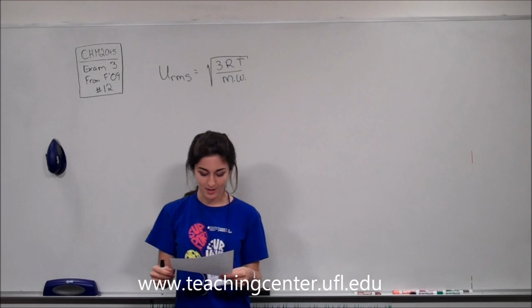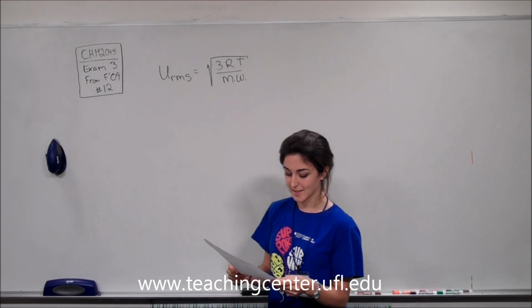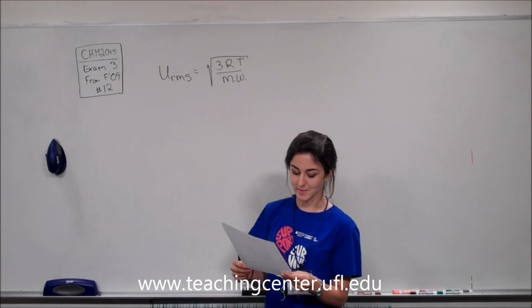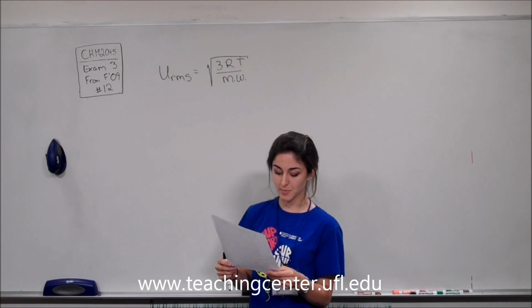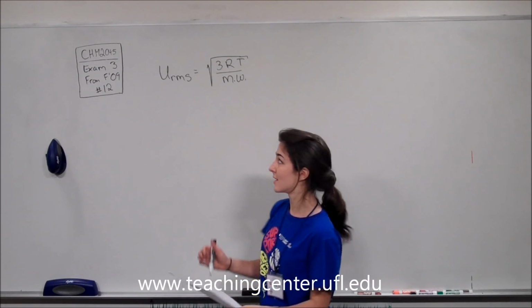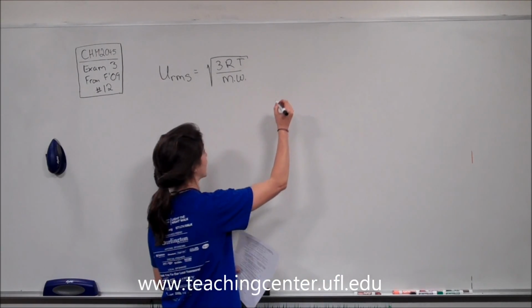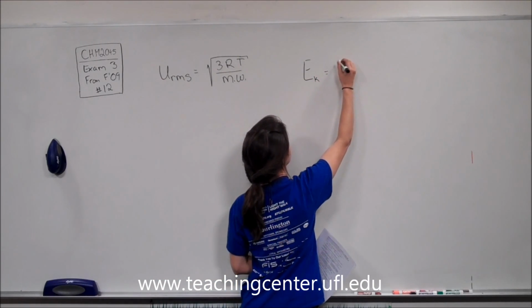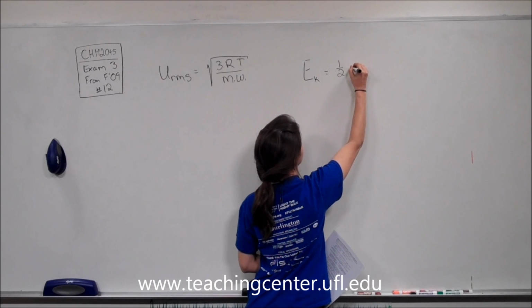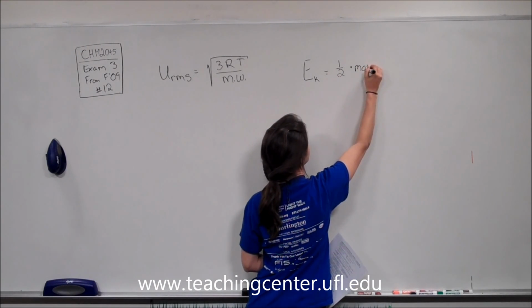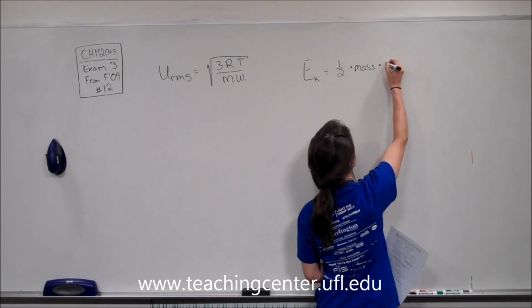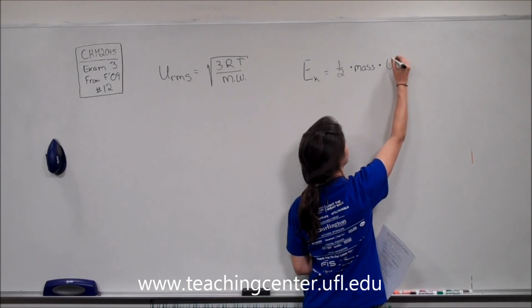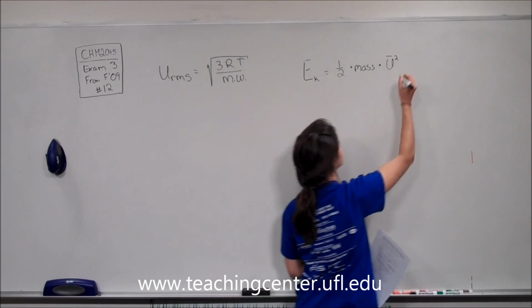There may be more than one, but the first one says the root mean square velocity of a gas molecule is inversely proportional to its kinetic energy. And we know kinetic energy to be equal to 1/2 times the mass times the squared average velocity.